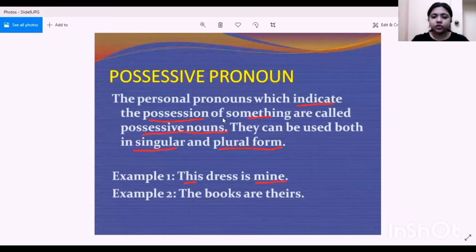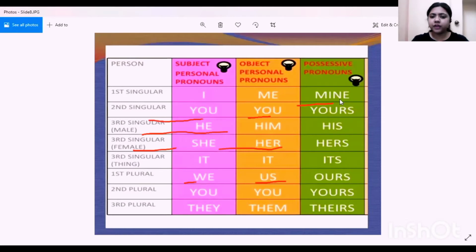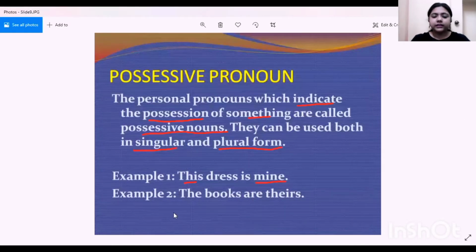I showed you in the previous slide. See, for me, we use mine. All right. The books are theirs. Now, the books which we are talking about, they belong to them. So the books are theirs. Okay, this is how we use the possessive pronoun in a sentence.